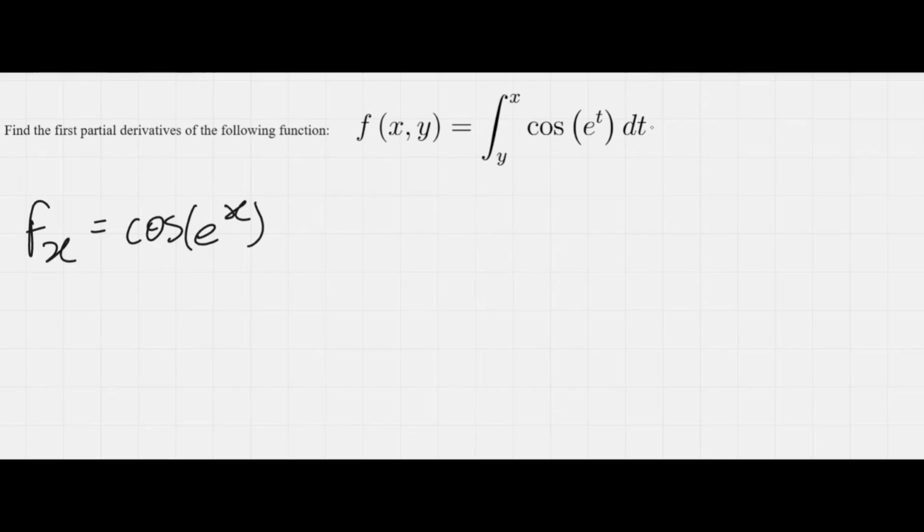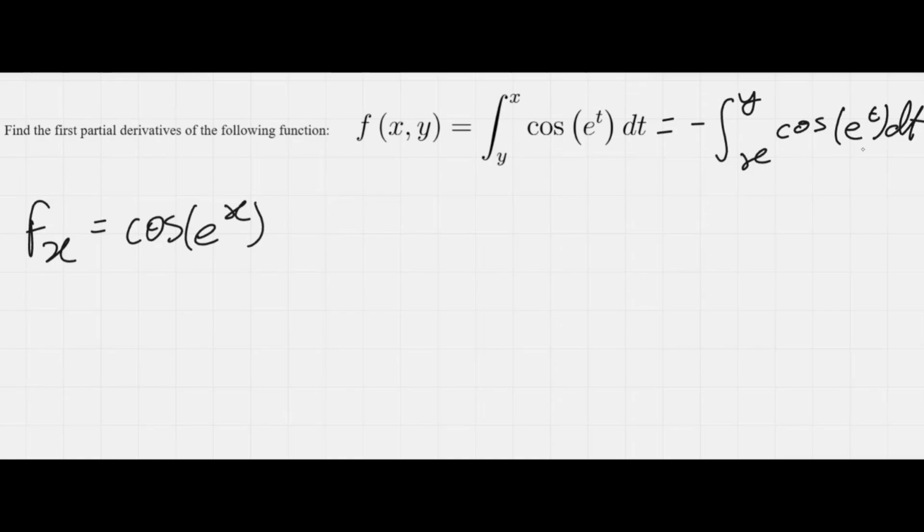The partial derivative with respect to y is going to be similar. However, we first need to change the actual premise of the expression by setting this equal to negative the integral from y to x of cosine of e to the t dt. Whoops, dt.